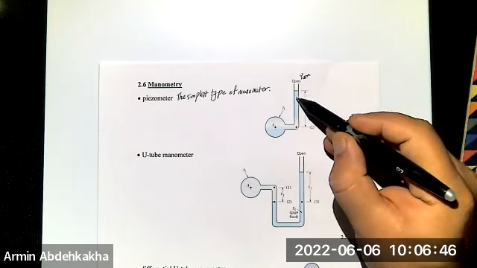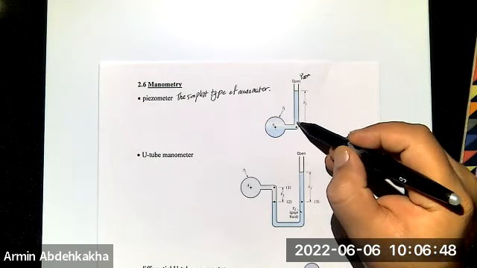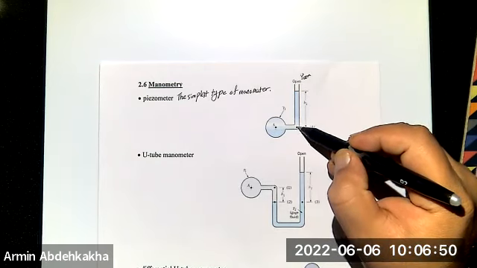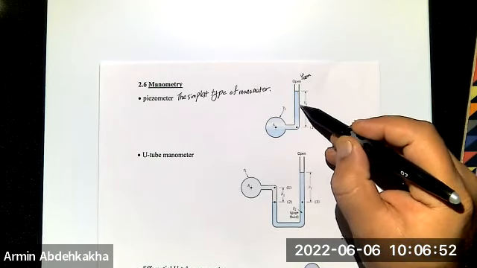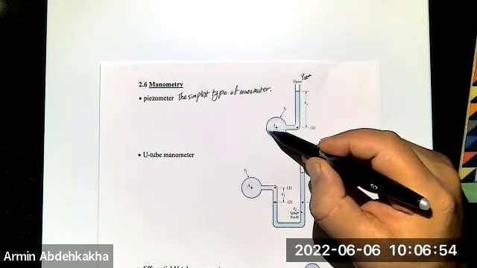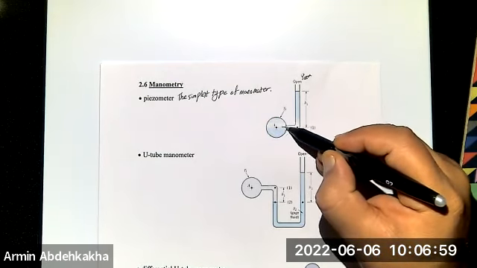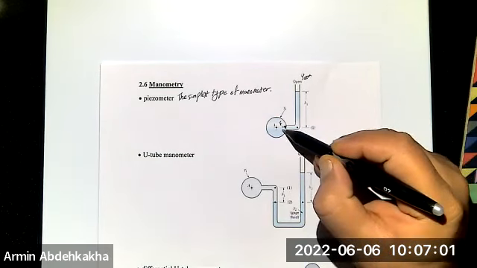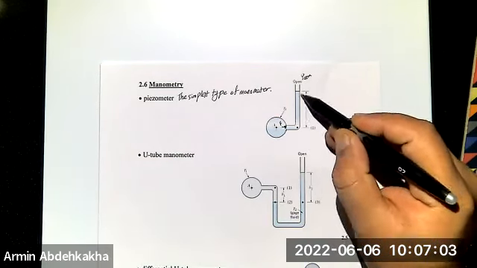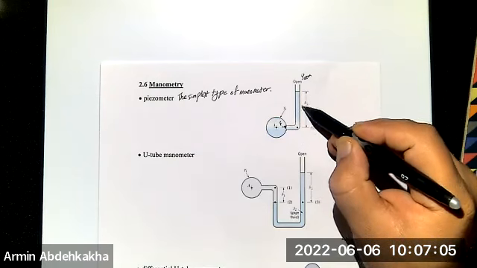So what it shows is how much the fluid is going to go upward. It means that the pressure in this container creates a force that pushes the water or any fluid you have here upward.